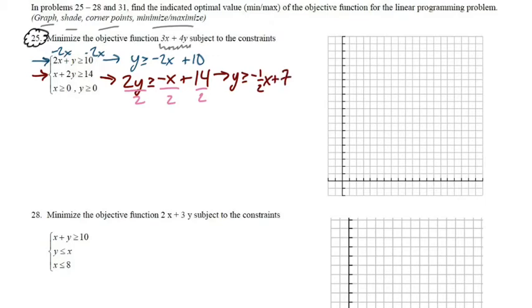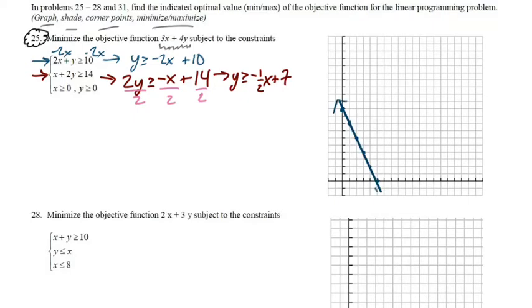So I'm going to go ahead and graph these first two lines. Negative 2x plus 10. Let's put a dot at 10. And then we're going to go down 2 over 1 for the slope. So down 2 over 1 each time. And let's go ahead and make our line.